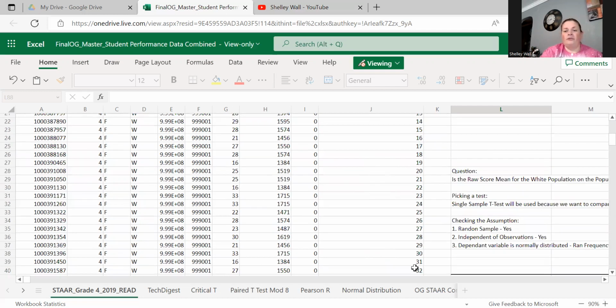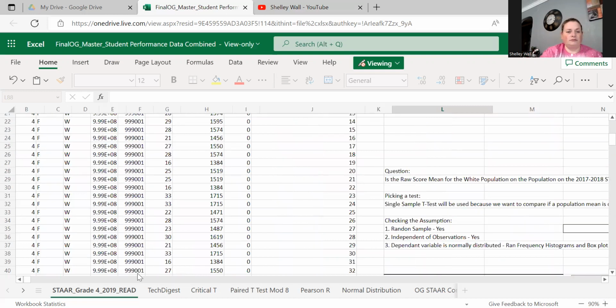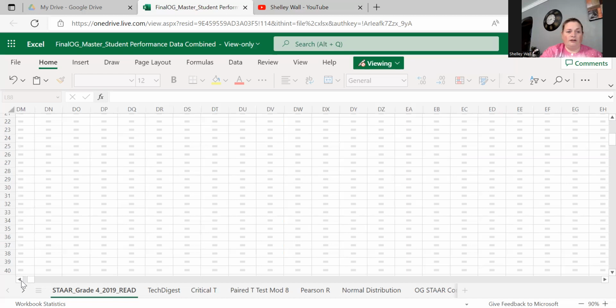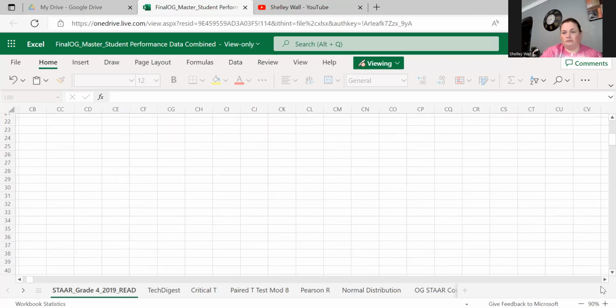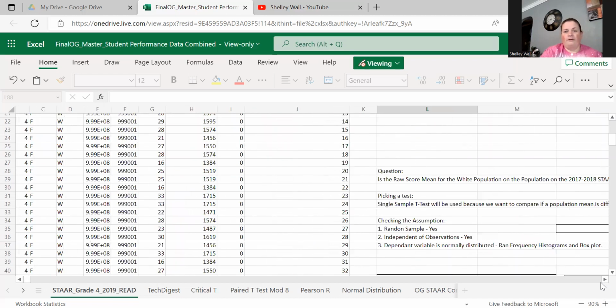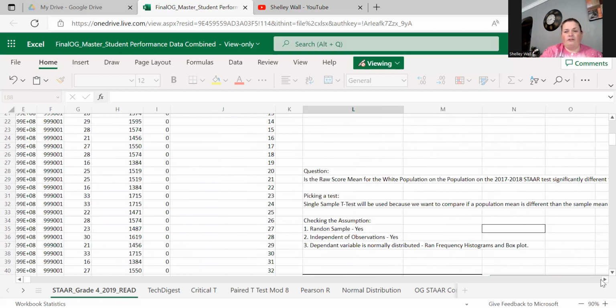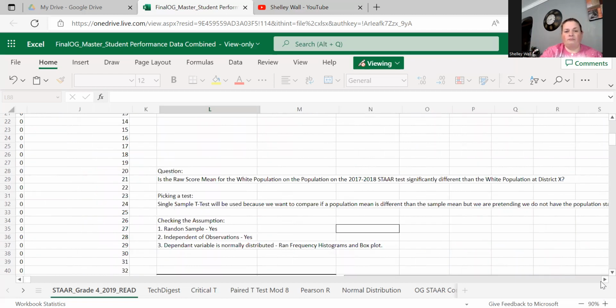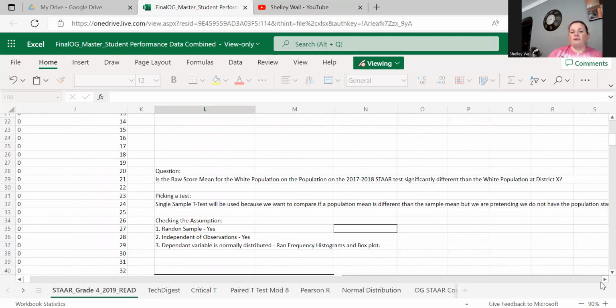So my research question, I'm going to scroll over a little bit. I appreciate your patience while I get back. My research question basically states, is the raw score mean for the white population of the 2017-2018 STAAR test, population being the entire state of Texas, significantly different than the white population at District X, which is what I'm looking at?